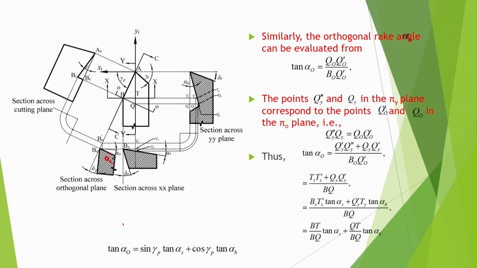The other has some effect, but that factor is cos gamma P only. Here gamma P becomes 90, so cos gamma P is 0 and sin gamma P is equal to 1. So in a very rough way we can say that the orthogonal angle will be closer to the side cutting edge angle in an AC system. That is the relation we have obtained, and otherwise you have this type of relation.